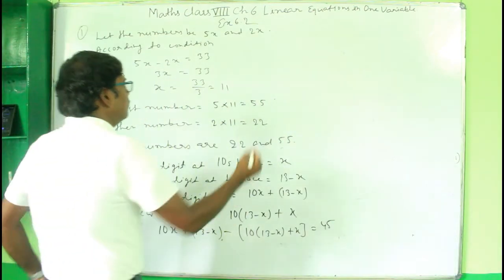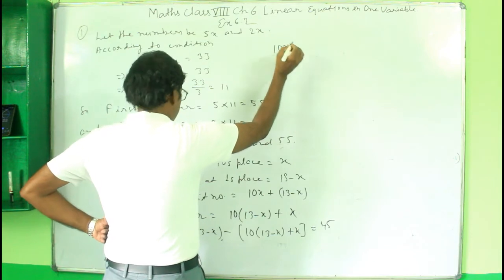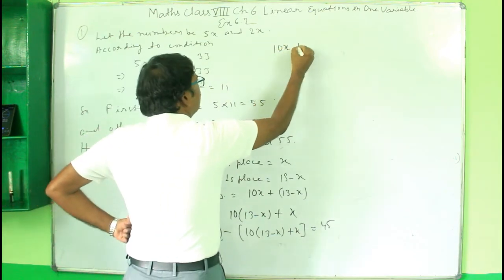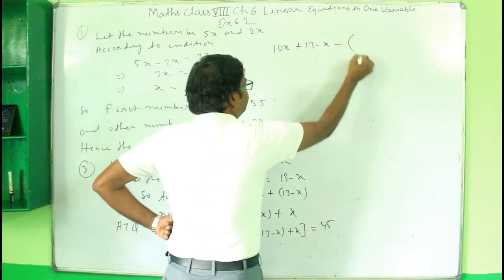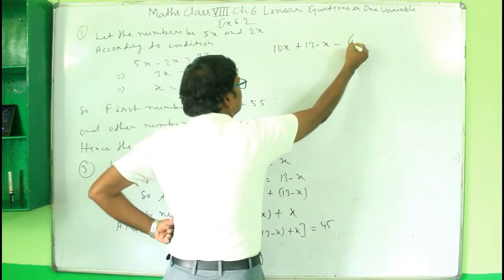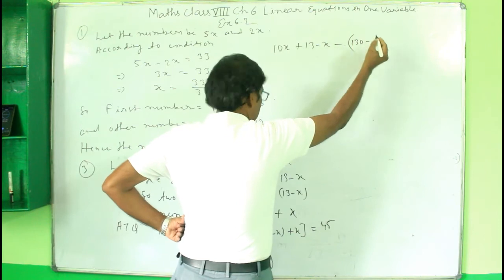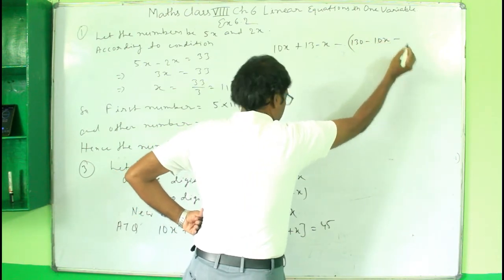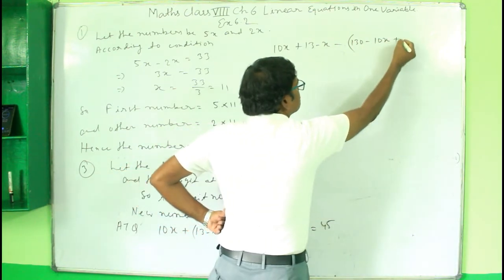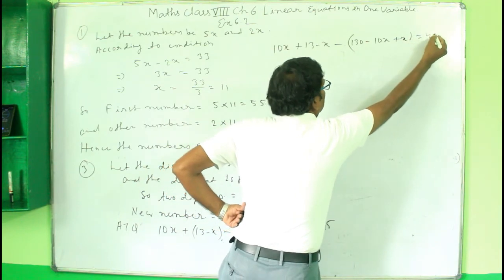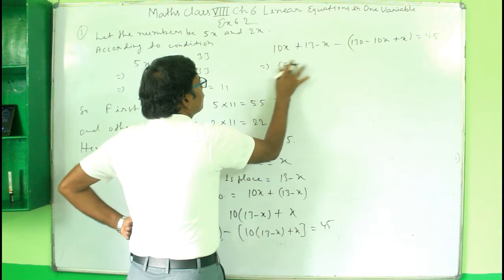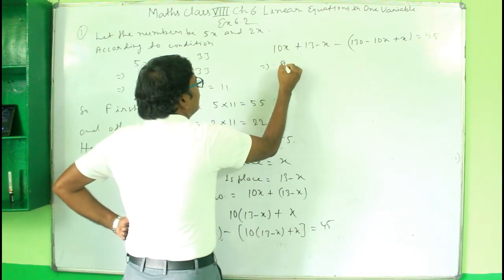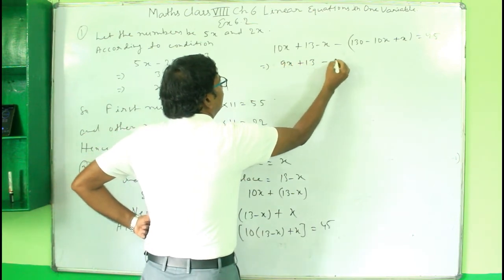Now 10x plus 13 minus x, and here this is 130 minus 10x plus x, which is 9x plus 13.